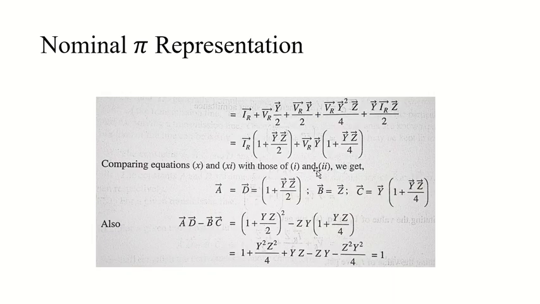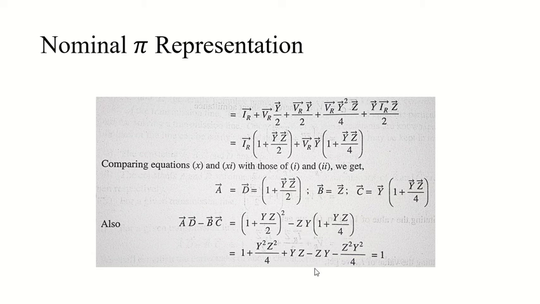And again, we will try to match our a and d here. We will verify the values of a and d remain equal. And another way to verify that the parameters which we have derived are correct is to take the subtraction ad minus bc. Since a and d are equal, it will be 1 plus yz by 2 whole square minus the multiplication of b into d, so z into y into 1 plus yz divided by 4.